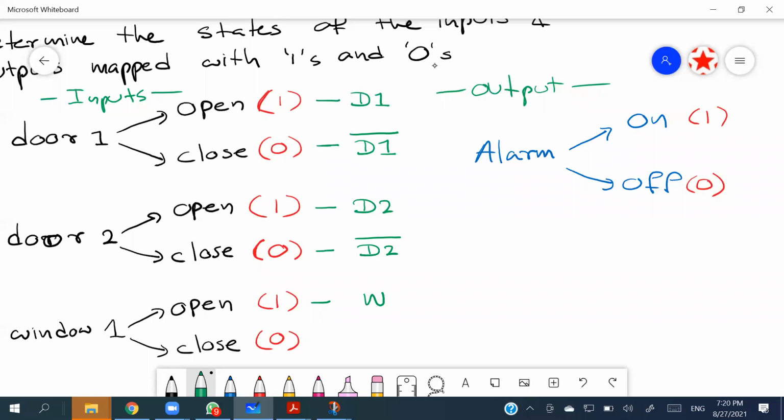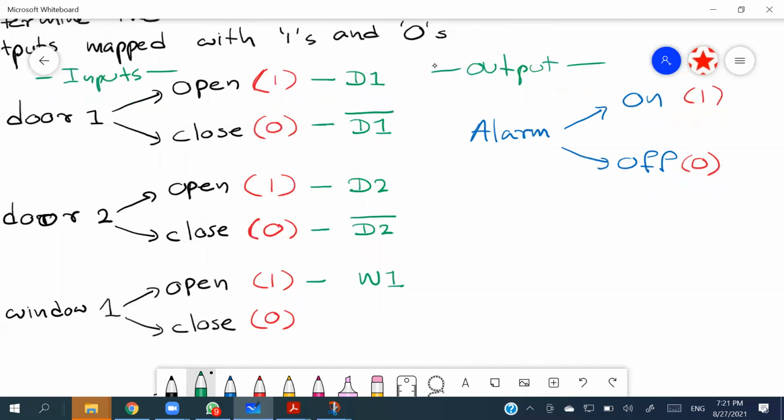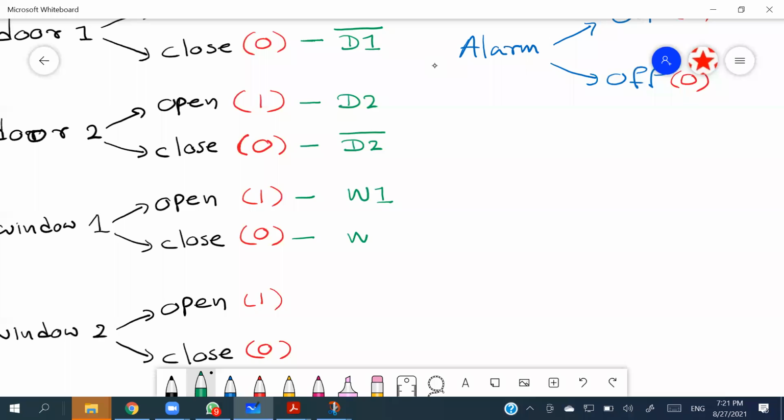And for window, this is W1. And for the 0, W1 bar. And for this, W2, for this 0, W2 bar.